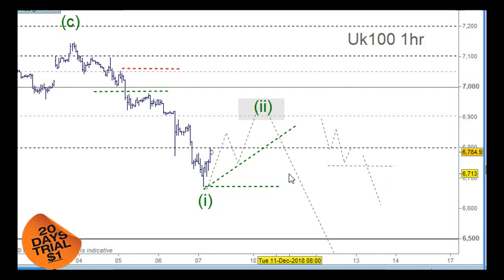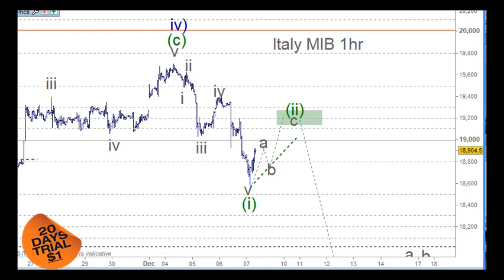Right, okay, and the MIB, we can't forget about Italy. So from the top here, we're looking down for wave 1 and 2 and 3, and last time we spoke wave 4, so we're looking for wave 5 to come down. It came down quite fast here, but an extension in that. But we're still on track though.